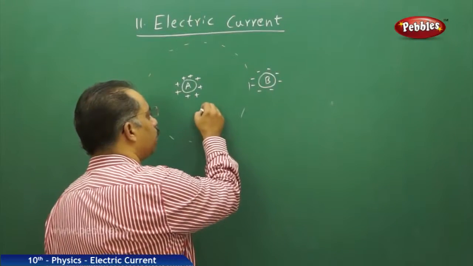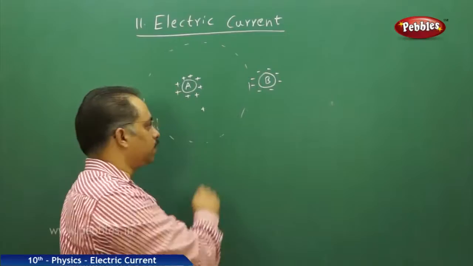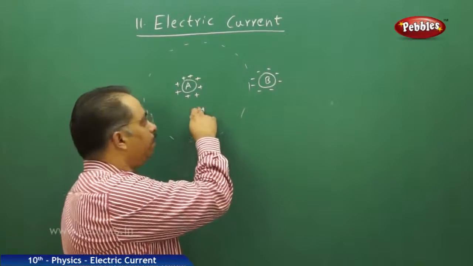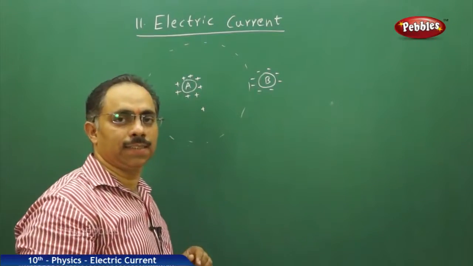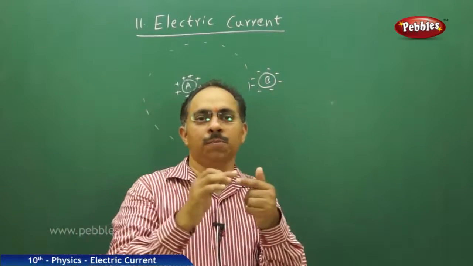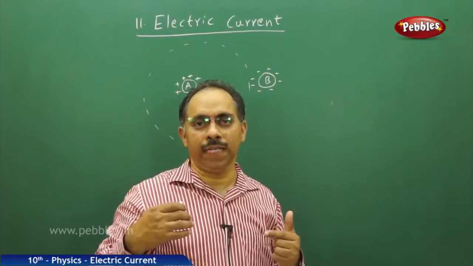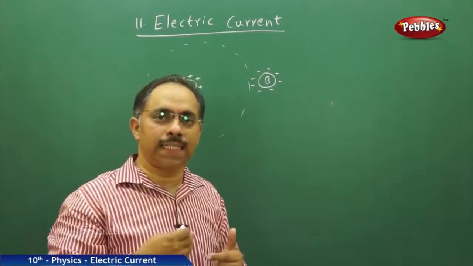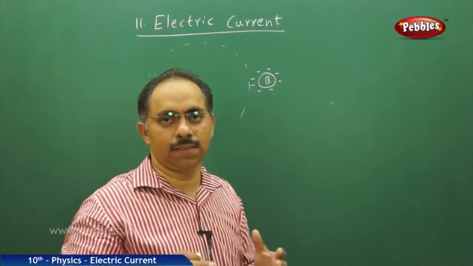Suppose I take one more positively charged body here. Then this charged body will be repelled by this charged body because both have identical charges. In magnetism, two north poles will repel and two south poles will repel. Same way in static electricity, two like charged bodies repel.